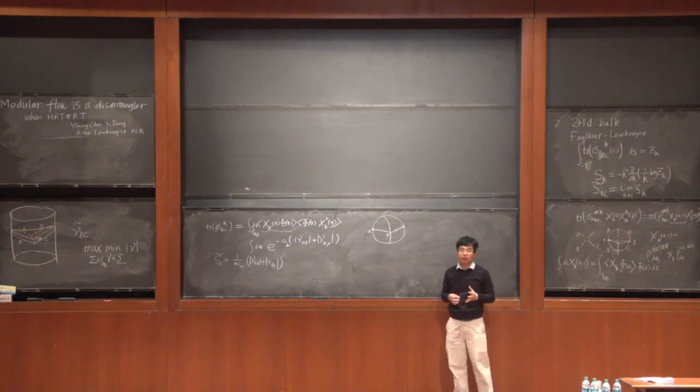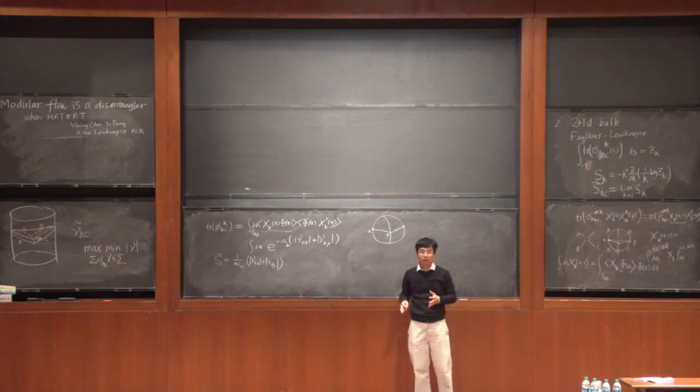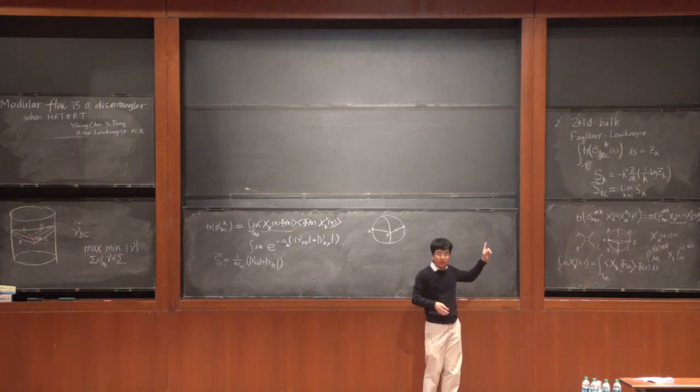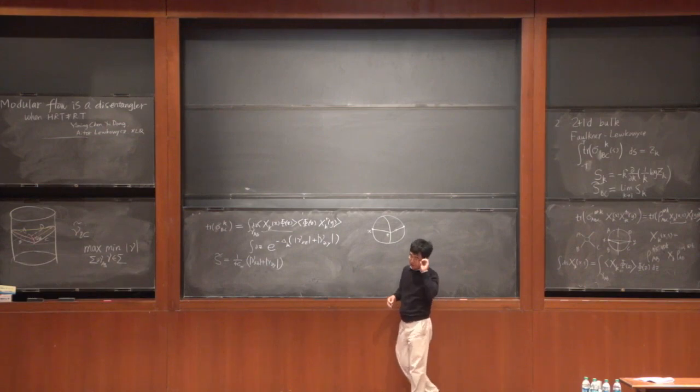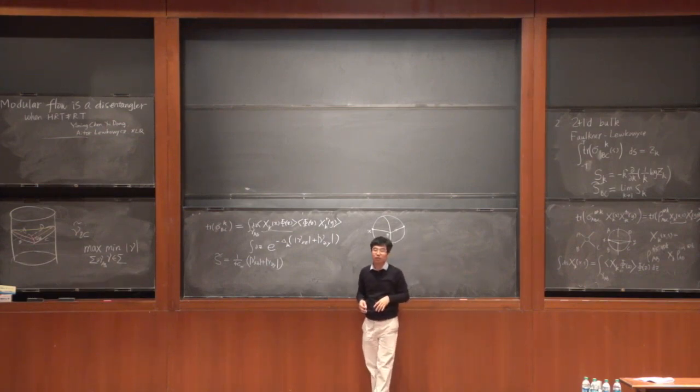So now we basically have a semi-proof for the case where you have either a local modular flow or you have 2+1 dimensions. The only case that's actually a conjecture is the case higher than 2+1 dimensions where you don't have a local modular flow.